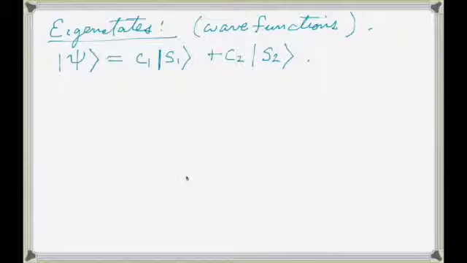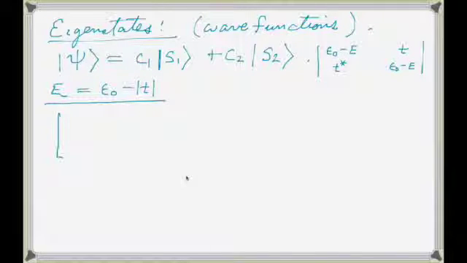So let's go ahead and do that. The first one I'll solve for is E minus, the bonding state. So I'm going to solve for the lower energy. So I put in that E into my matrix. What was my matrix? Do I have it over here? Let me copy and paste it.